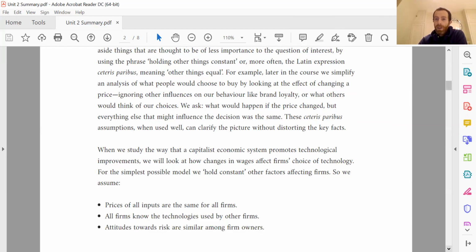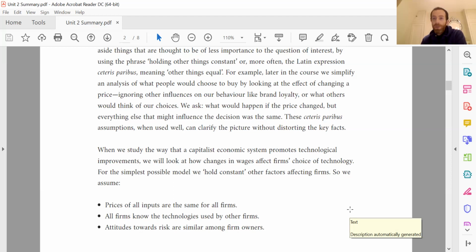Again, in the context of later on, we're going to have a firm that chooses a particular technology. And then we're going to think, how might that decision change if the wages of the workers change? We use ceteris paribus thinking because when we say the wages of the workers change, we assume everything else that's important to the firm's decision stays exactly the same.